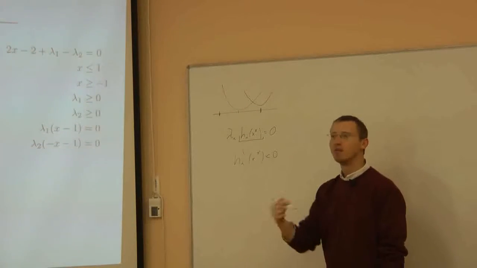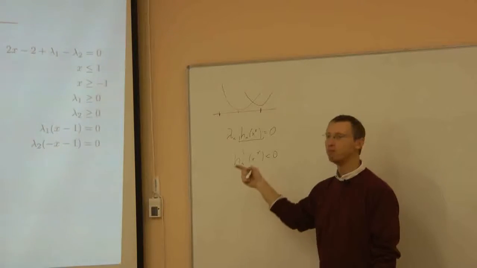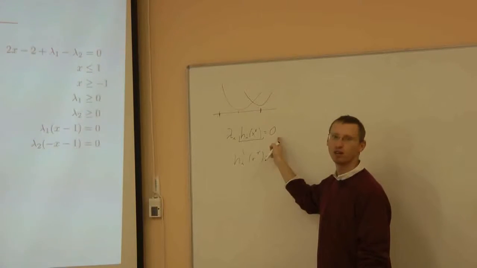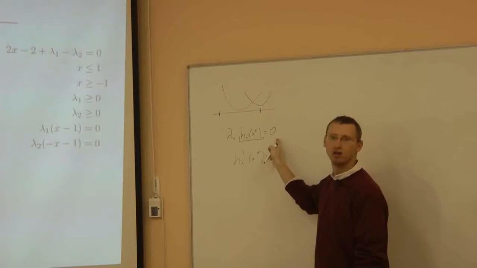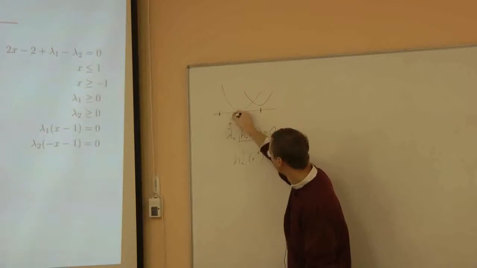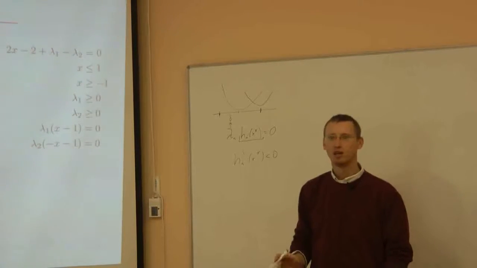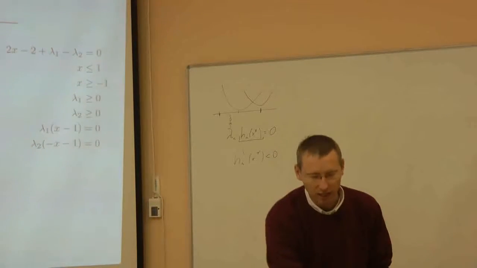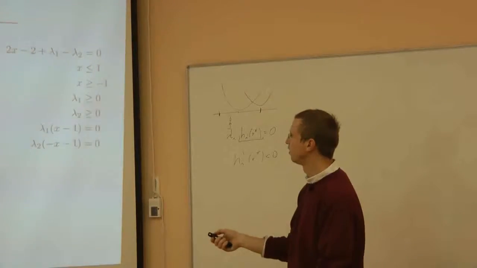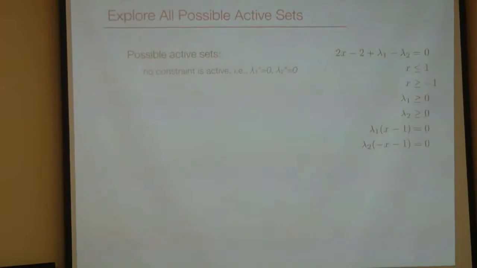By which quantity must we multiply a negative number such that the product is equal to 0? This one must be 0. No other value will make the product equal to 0. So that's why if we have a non-active constraint, it means that the corresponding lambdas are definitely 0.